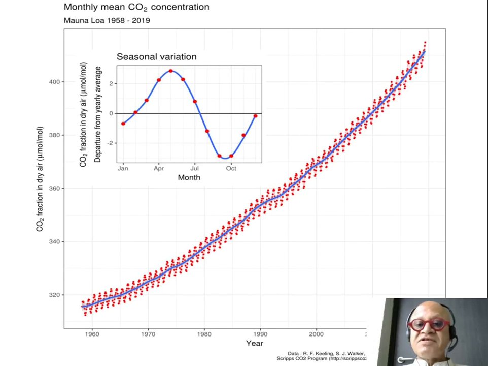So by the mid-70s, Wally Broecker began to shout that global warming was here. Wally Broecker was a famous geochemist from Columbia University's Lamont-Doherty Earth Observatory, who passed away recently, a giant in the field of geochemistry and climate.